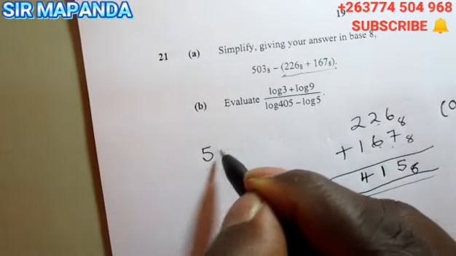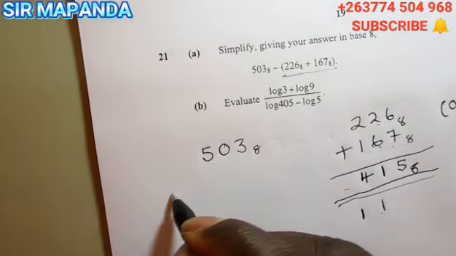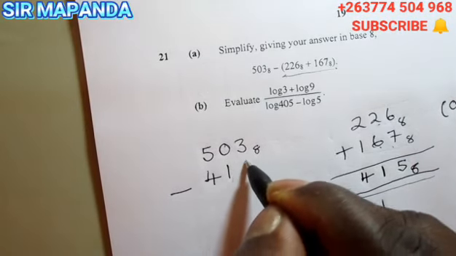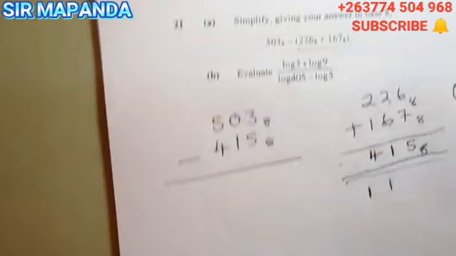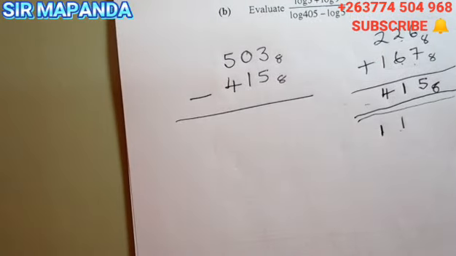So you are now saying 503 to base 8 minus 415 to base 8. I hope you are listening. When subtracting number bases, if the number at the top is less than the number at the bottom, it can't be done. So you have to boost that number with the base. But whenever you boost the number above, you have to carry 1 to the corresponding column below. 3 minus 5, it can't, since 3 is smaller than 5.